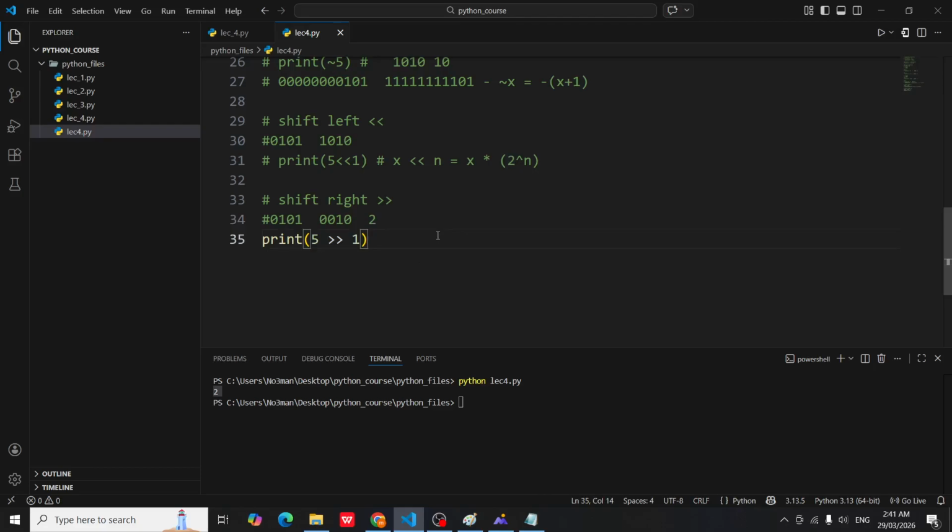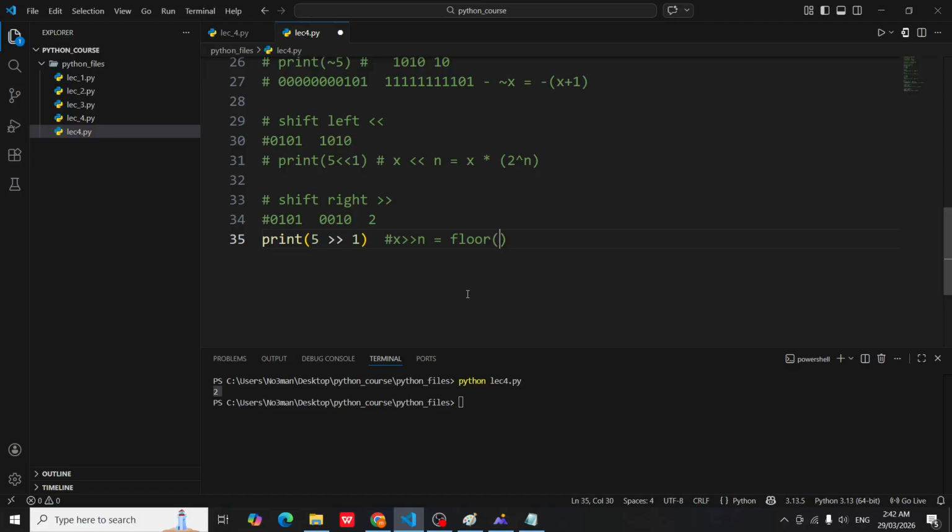Okay, it also has a formula. x right shift n equal floor. Floor is a function that rounds the number down.